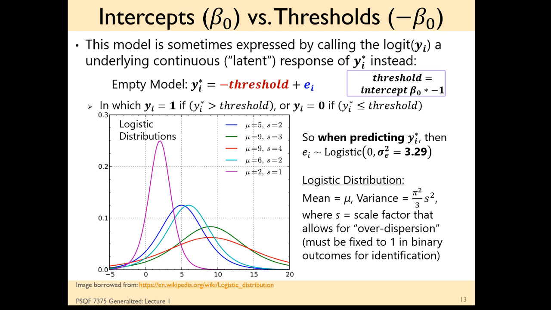Yes, ma'am? So are there only 2 possible values for the threshold then? A threshold can be any possible value because it's the cut point at which a 0 switches to 1.